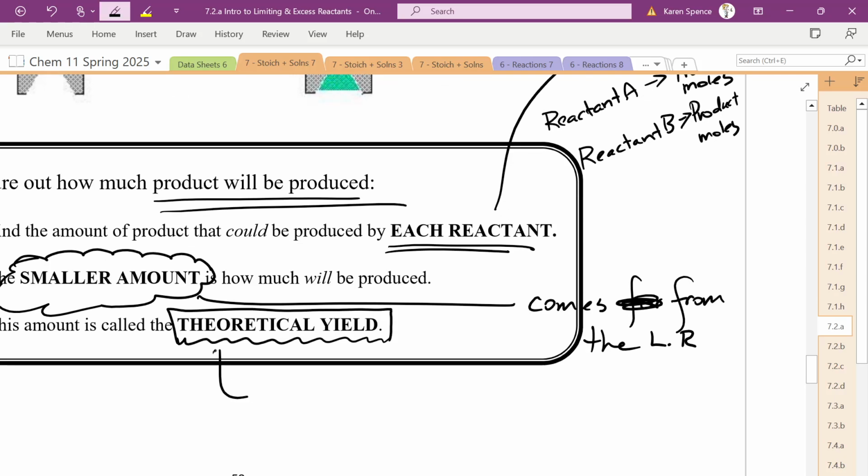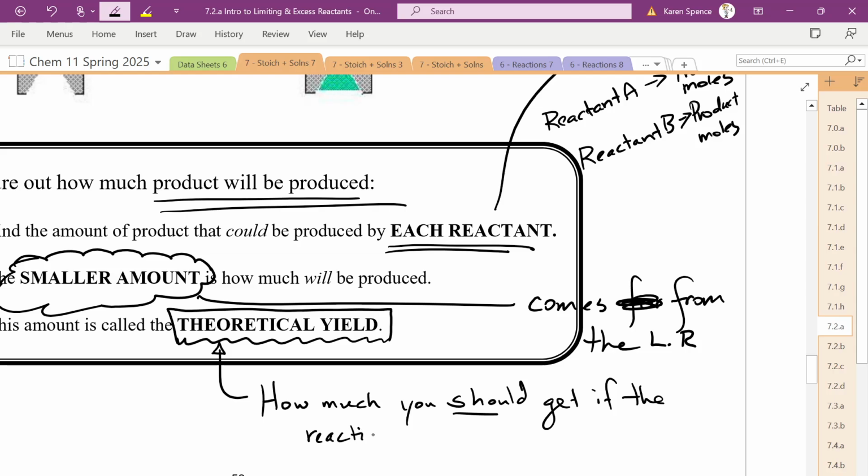So the theoretical yield is how much you should get if the reaction is perfect. Okay, so the amount of product that could be produced by each reactant, that's just 2 calculations.